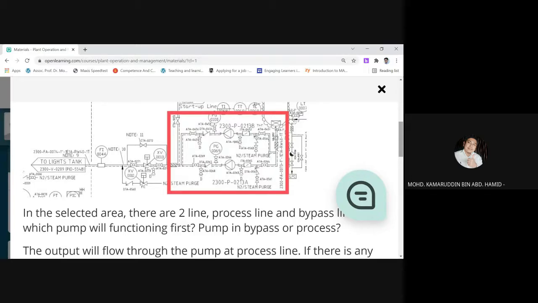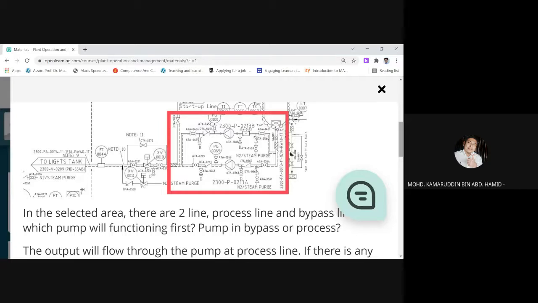Sebab tu you need to have a standby, a backup for that equipment. If you want to increase the pressure of the liquid, therefore you need to pump it. You tak perlu pun ada any help from other utility ataupun from other equipment. You use pump to increase the liquid pressure.